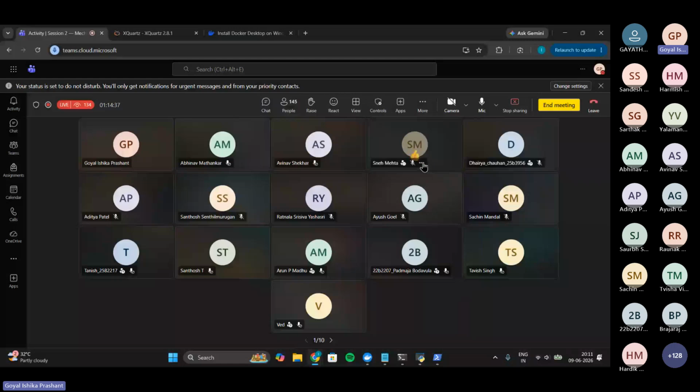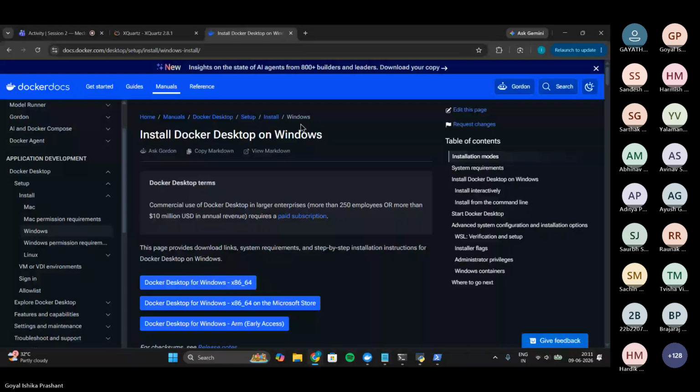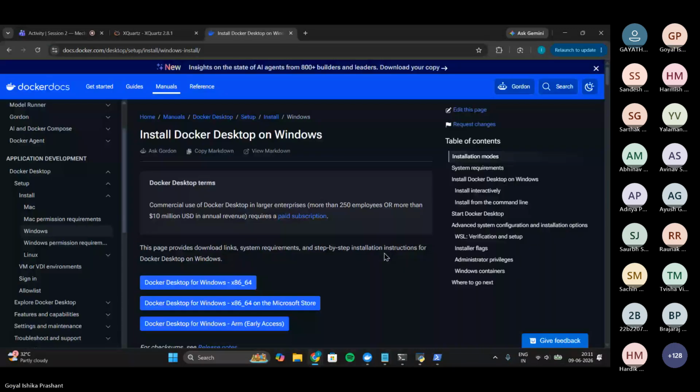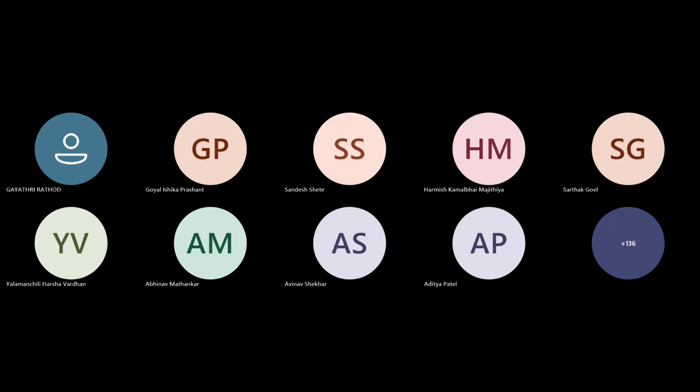Okay, this process will take a few minutes, so I'll give you a few minutes to install. Once you're done, just put a thumbs up reaction. And if you have any doubts, you can ask.